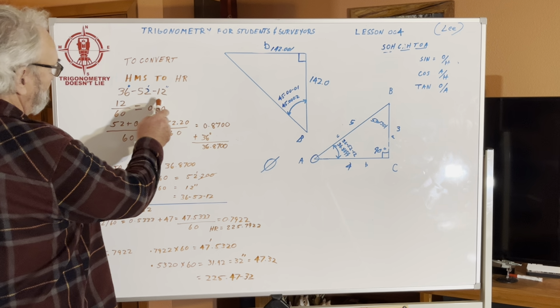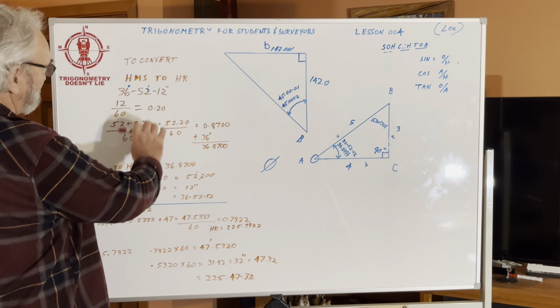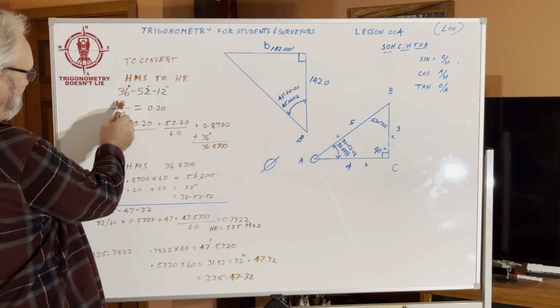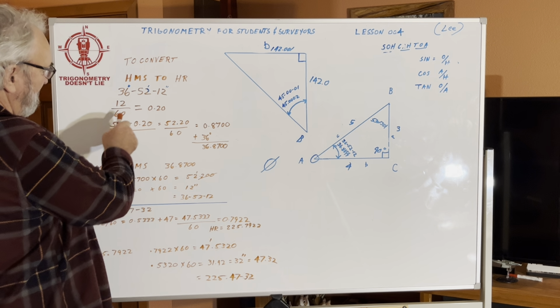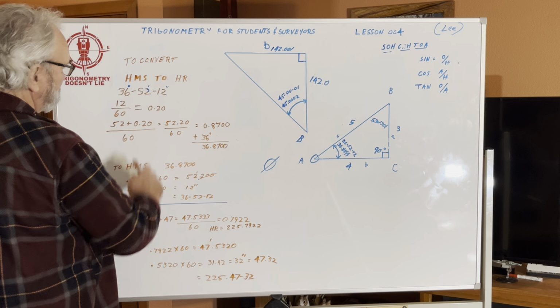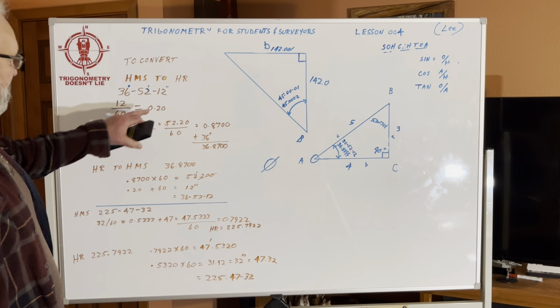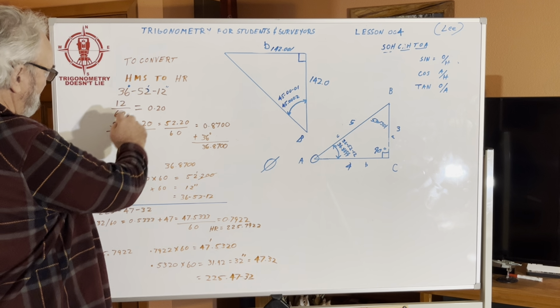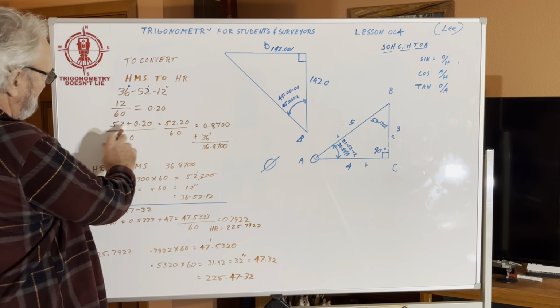All right, so we're going to start from this direction. We start with the seconds, 12 seconds. So we go 12 over 60, because there are 60 seconds in a minute. That equals 0.20 minutes. Now you bring your minutes down, 52. You don't need decimals here.